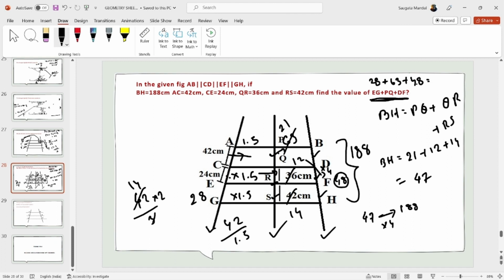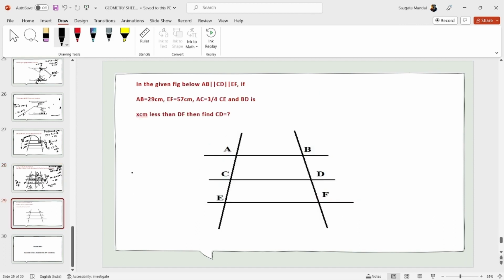What is the sum? The sum is 139 centimeter. Now what is the answer of this question? The answer of this question is 139. Please move to the next question.